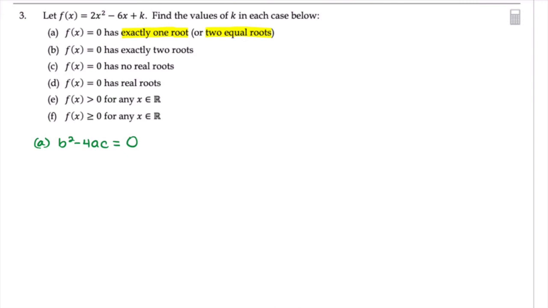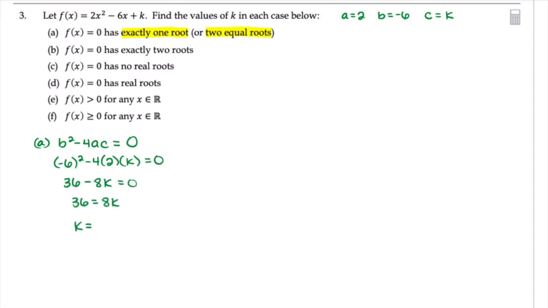So the value of a is 2, b is negative 6, and c is a positive k. And similar to the question above, we are just going to be solving for k. And we get k is equal to 4.5, or the equivalent fraction.